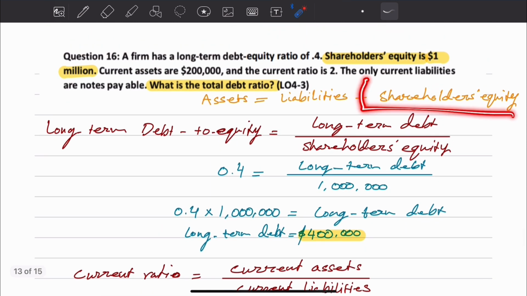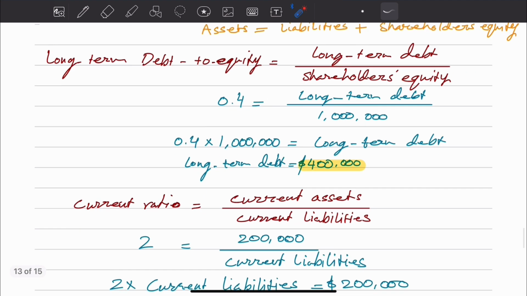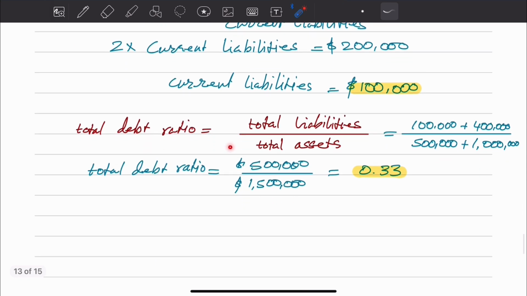And we know this from the data in the question right here: shareholders' equity is 1 million. So we put them together and we have the total assets of the company. All right? After knowing all of the inputs that we need for calculating the ratio, it's easy for us to just apply the total debt ratio, run the numbers, and find what's required to answer the question.